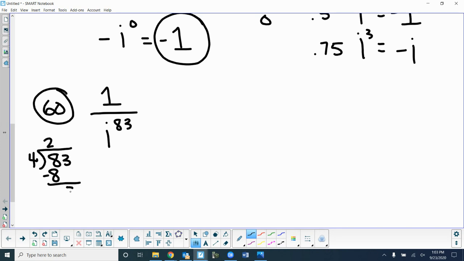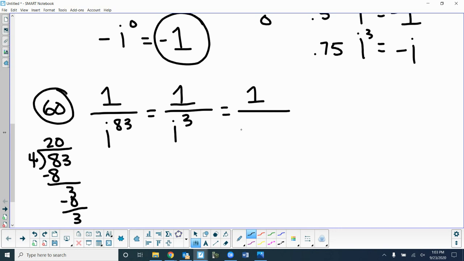Subtract, there's nothing, so drop down the 3. 4 goes into 3 0 times. And we get a remainder of 3. So this is like 1 over i to the 3rd. What did we say i to the 3rd was? Negative i. So this is like 1, forgot my fraction bar there. This is like 1 over negative i.